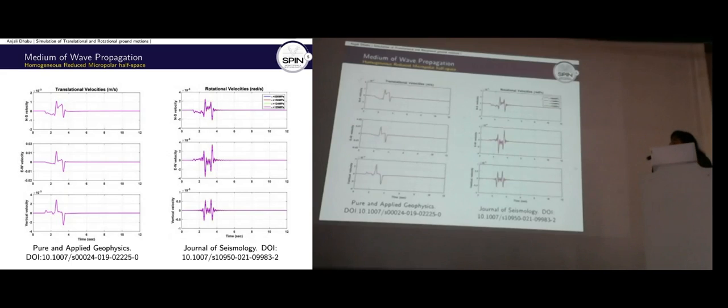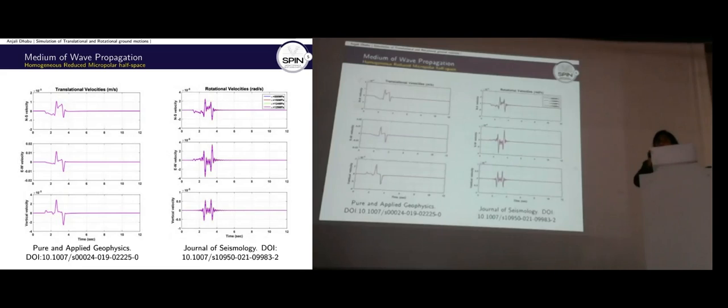It is evident that the translational velocities are not affected at all by the two additional material parameters kappa and J. However, there is certainly a difference in the rotational velocities. As we change the intergranular stress, the rotations observed on the Earth's surface change.